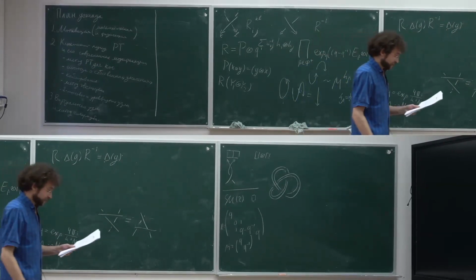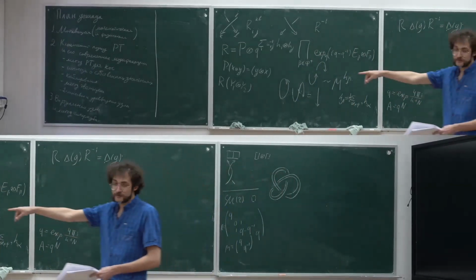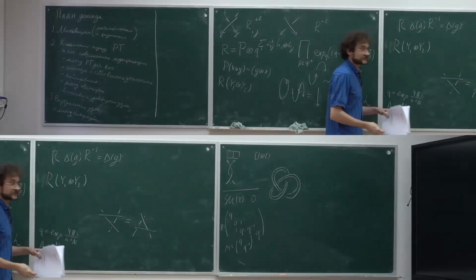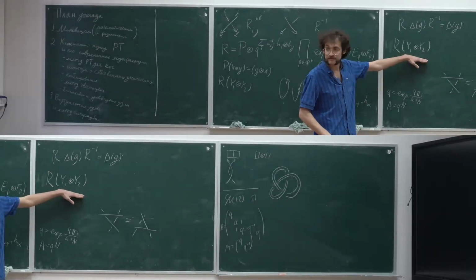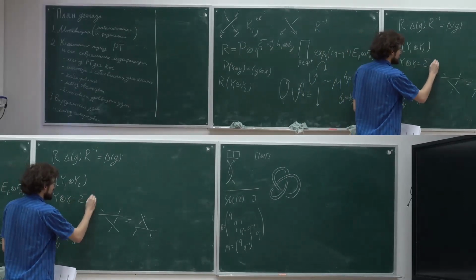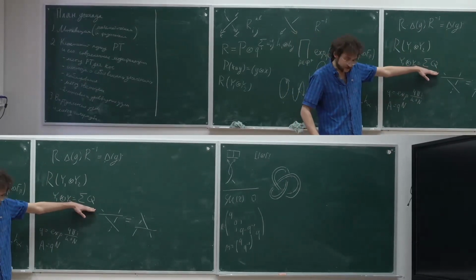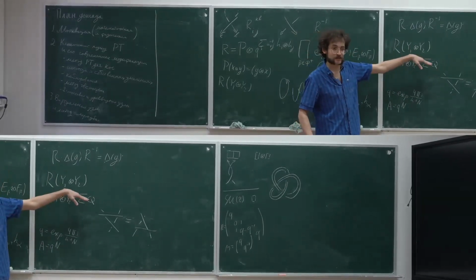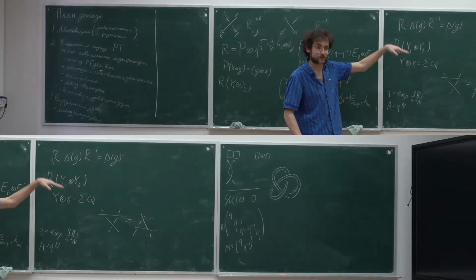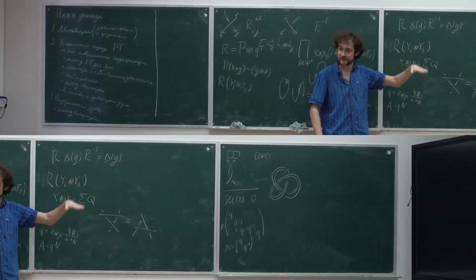What this means for our story is that if we take this product of two representations, act on them, and look at some irreducible representation in this product, y1 cross y2 is equal to the sum over irreducible representations Q. Then on each of the vectors in the same irreducible representation, our matrix acts in the same way, because it commutes with the operators which move us through the representation.